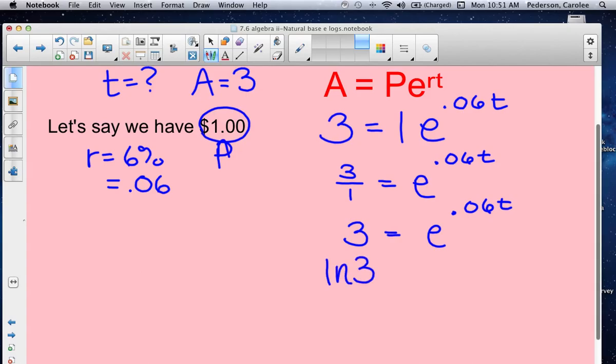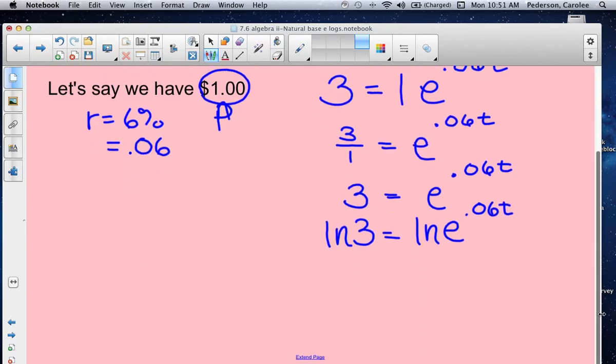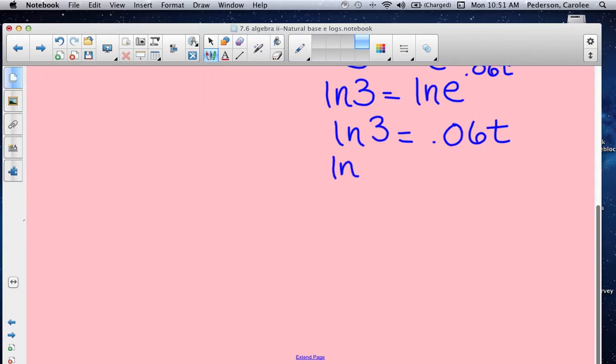So the natural log of 3, the natural log of e to the 0.06t. Now the natural log and e undo each other. They are inverses of each other. So we get 0.06t on the right, and then the natural log of 3 on the left. Now the last thing is to divide both sides by 0.06. The natural log of 3 divided by 0.06 equals t.